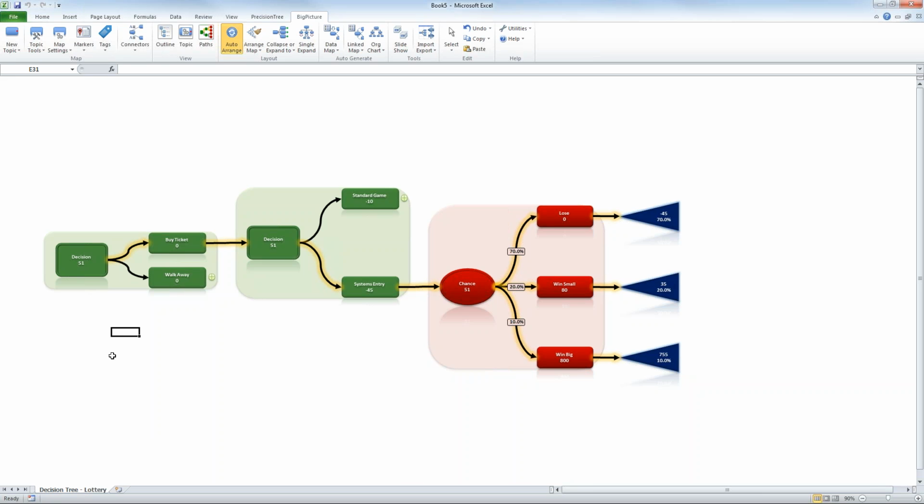So BigPicture, what is it? It's a diagram and mind mapping and data exploration add-in for Excel. Again, we're staying in Excel. And that may sound like this crazy conglomeration of different things that doesn't have a focus, but the reality is they're all linked together. Basically, it's just a way of exploring your decisions in a visual way.